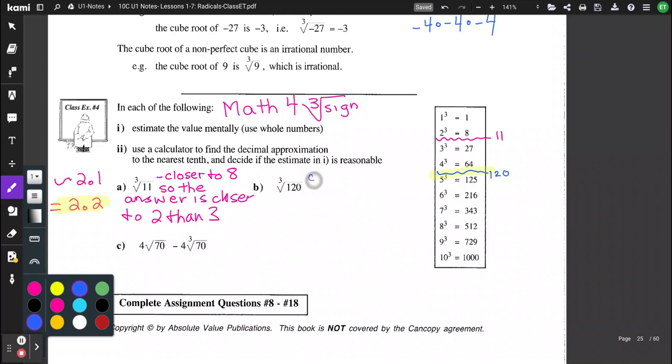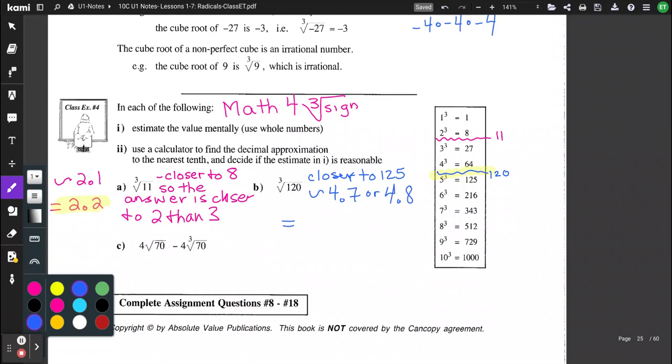So I'm going to estimate 4.7 or 4.8, something like that, and then we'll find the real answer and see what it is.